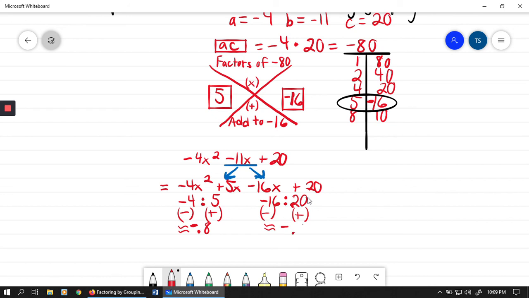Whenever the signs on the left side are opposite of the signs on the right side for these pairs, when we factor out a GCF, we're going to have to factor out a negative number for one group.